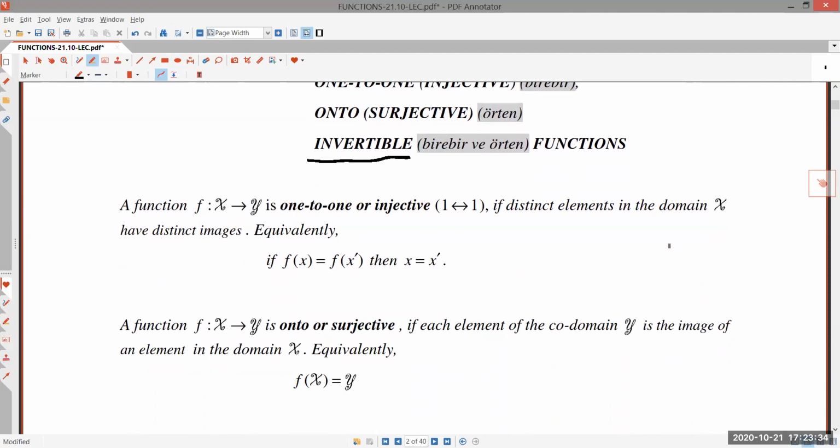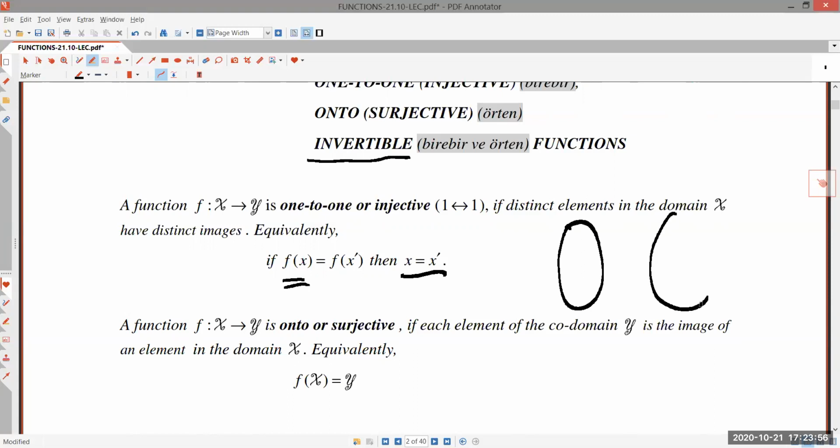A function is one-to-one or injective if distinct elements in the domain have distinct images. So if f of x is equal to f of x prime, then in the case of one-to-one functions it means that x is equal to x prime. There is no other way.